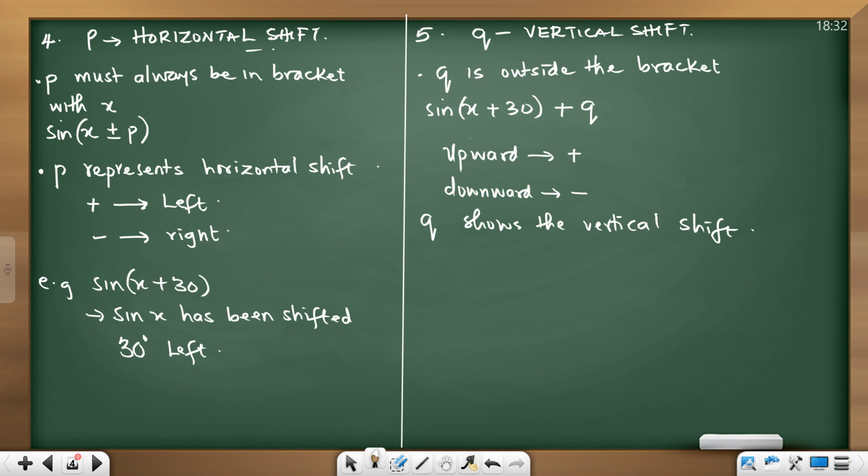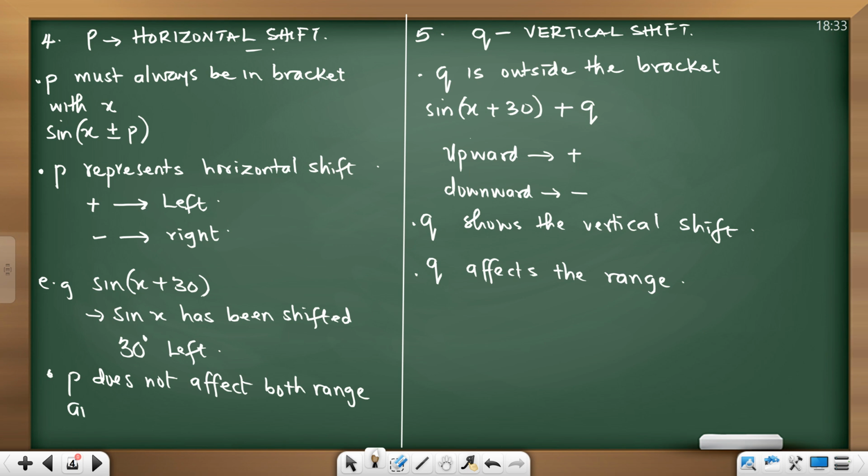All right, very important. Q affects the range. Q affects the range. P doesn't affect the range. Let's put that note down. P does not affect both range and period.